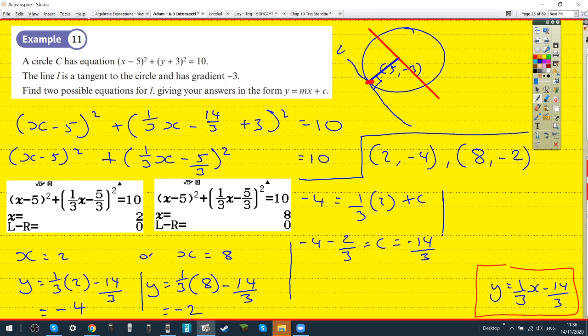And then do we do the same for the other one? So what's the full equation for the tangent for that one? Y equals 2 over 3. No. Gradient of tangent? 1 over 3. Yeah.